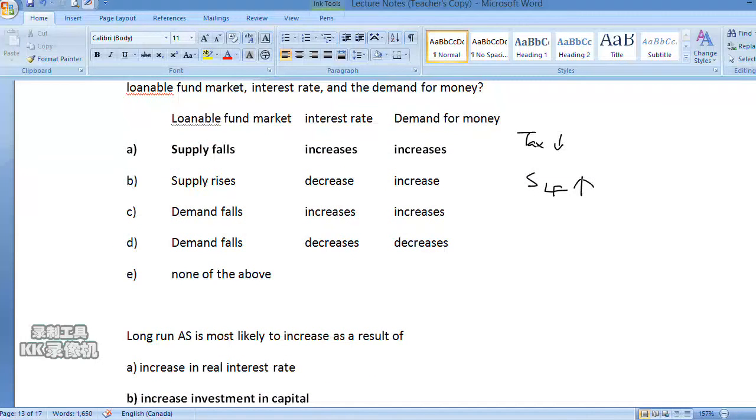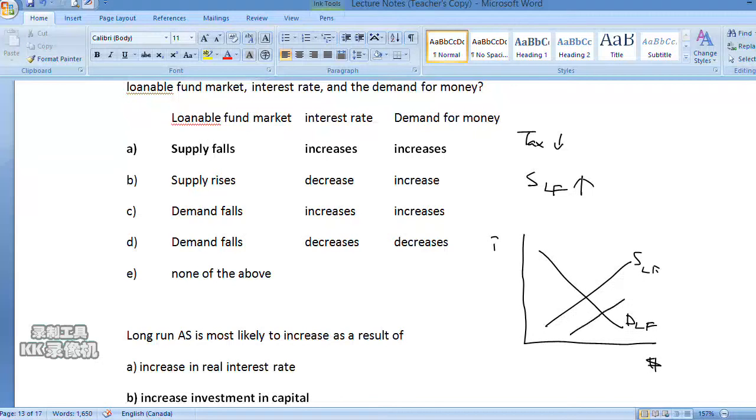They're going to spend a portion of that according to marginal propensity to consume, and the remaining they're going to save. So supply is going to shift to the right, and interest rate is going to fall.